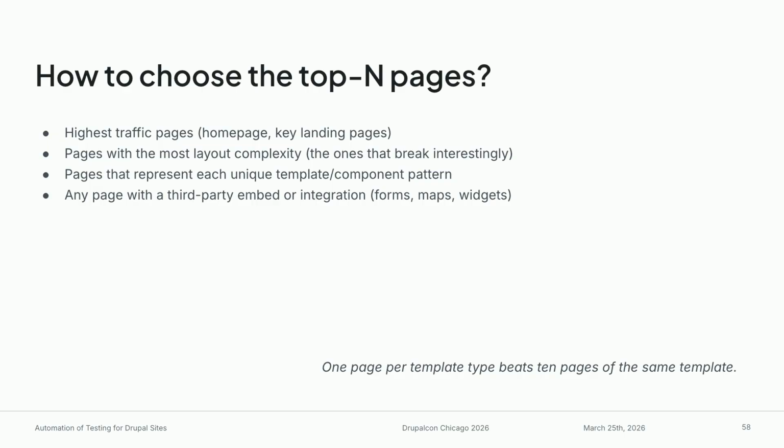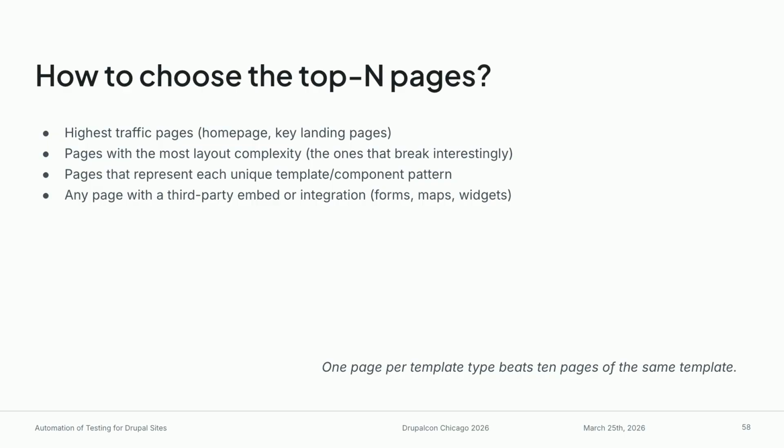Now, how do we choose them? I like to think about them as templates. Because it's Drupal, it is easy to think one per content type. If you have 5 content types, you want to test 1 page of each content type. Testing 10 pages of each content type doesn't really make sense. They all follow the same format. So you can choose it that way.